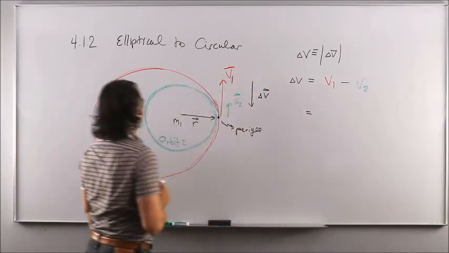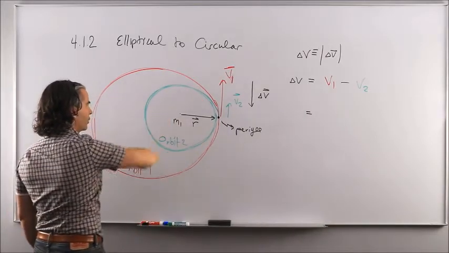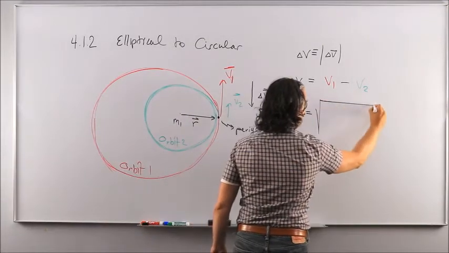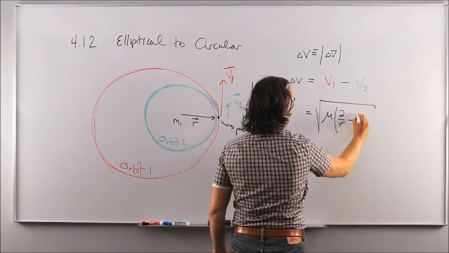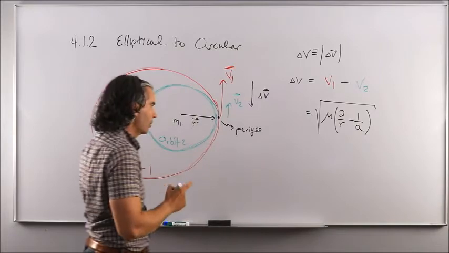V1 is equal to... How can I figure out the speed along an elliptical orbit at any point? Well, applying the vis-viva equation, which is mu times 2 over r minus 1 over the semi-major axis of said elliptical orbit.